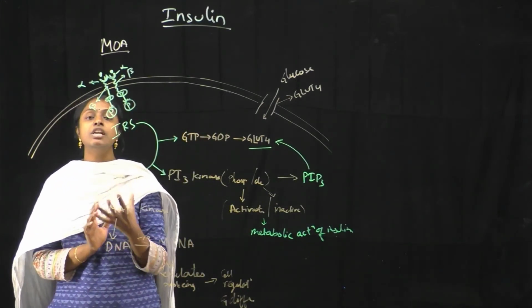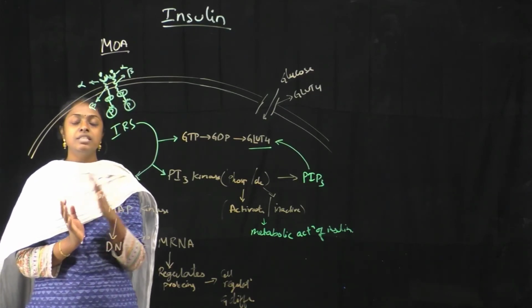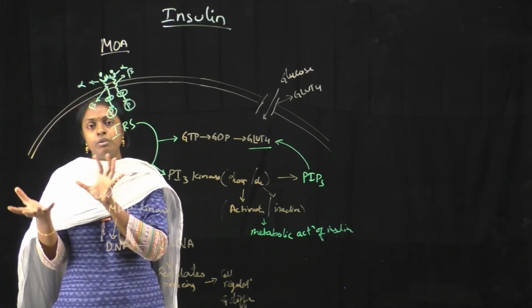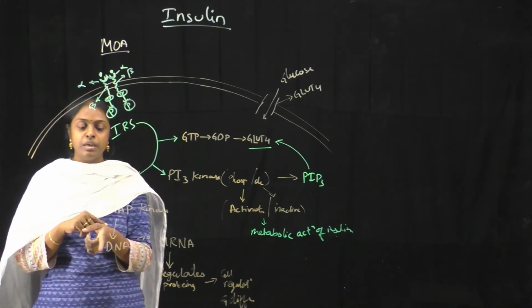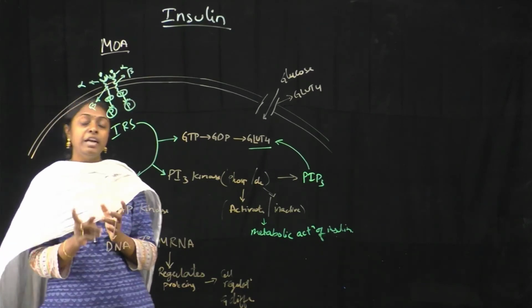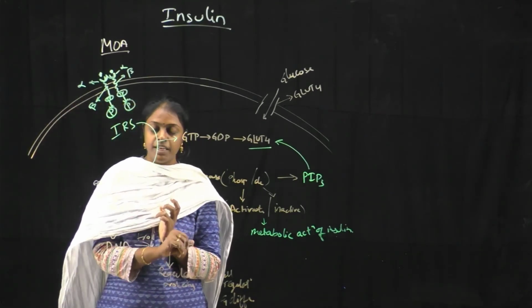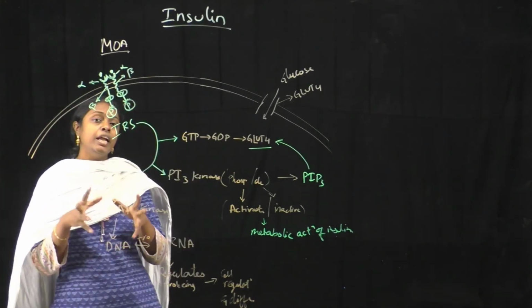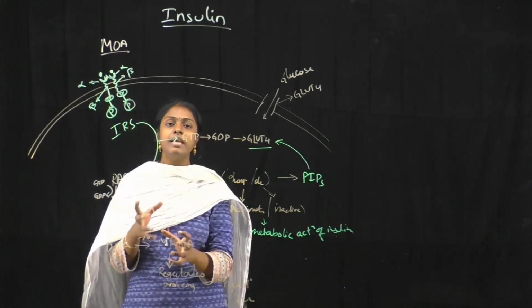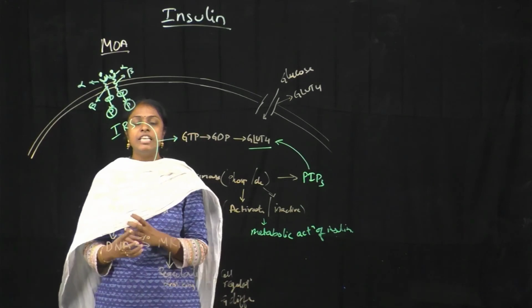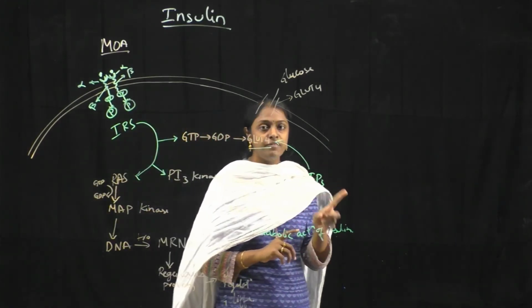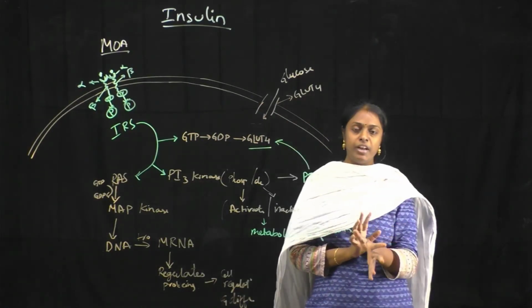RAS means regulation of cell division and cell differentiation. By converting GTP into GDP, it will activate MAP kinase, mitogen activated protein kinase. When this gets activated, it will transcribe DNA into mRNA. This mRNA is used for regulation of protein. These proteins then will regulate cell division and cell differentiation.